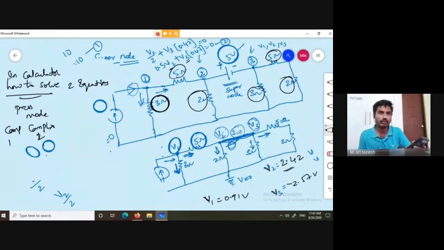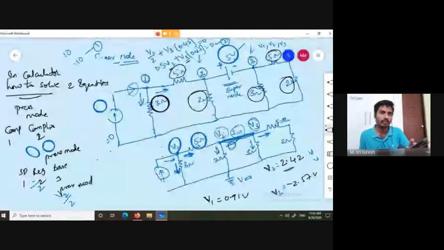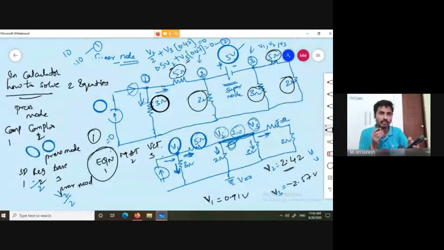Again, you need to press the mode button. After this, press the mode button again, so that you will get SD, REG, BASE 3. Again, you need to press the mode button. After pressing the mode button, you will get an equation option like this. You need to press equation.